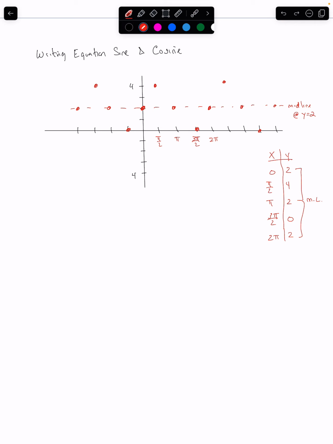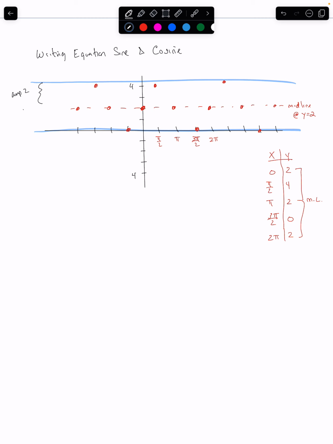All right. So this is your sine, cosine, right? It's pretty much the same thing. Okay, so when you're writing these equations, something that's not going to change in any of these, your max values. So if I look at this, there's my max, there's my min, and from here I'm going to get an amplitude of 2.